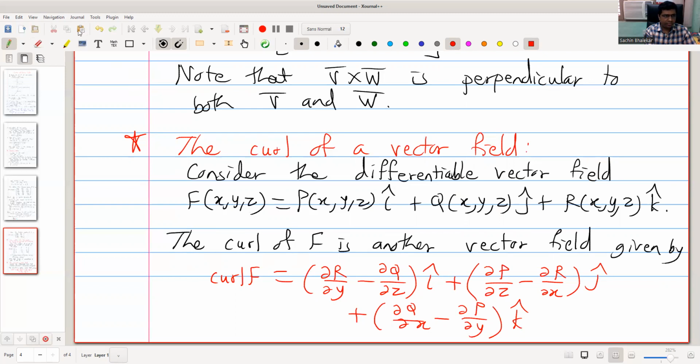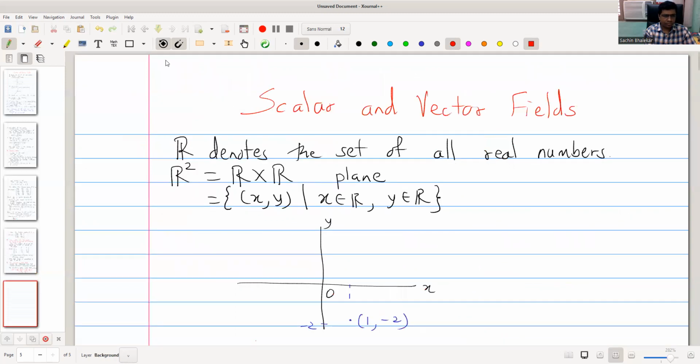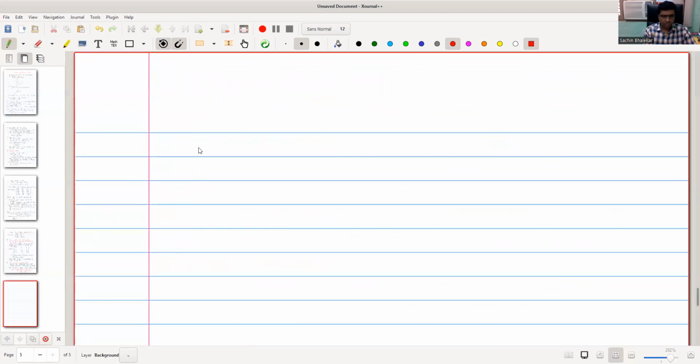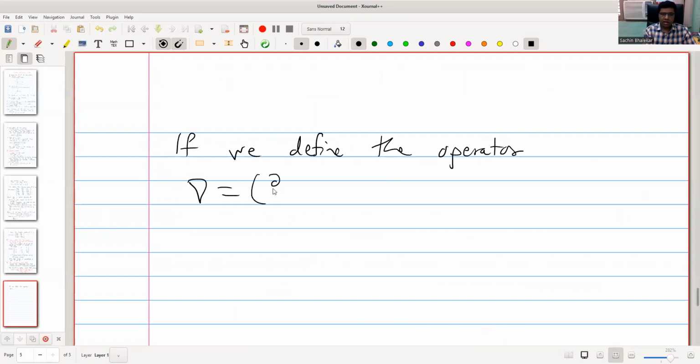Let us see. If we define the operator del, whose components are partial derivative operators.